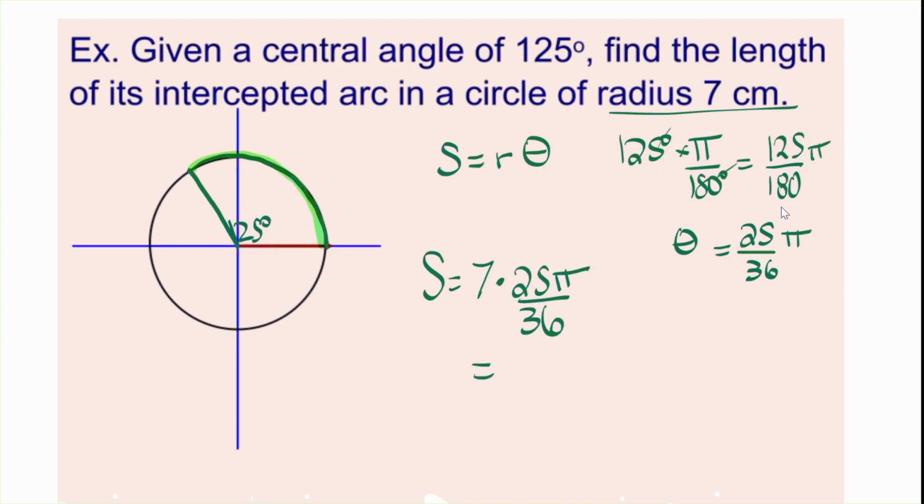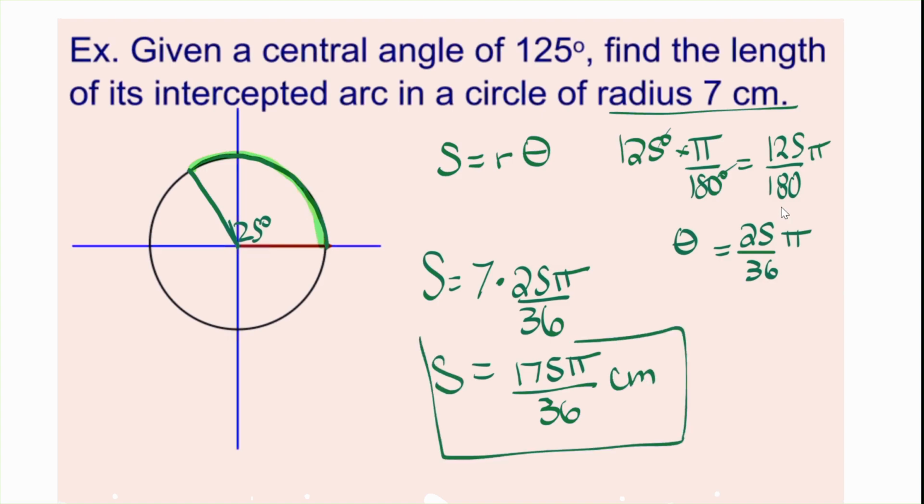Now, if I am doing this for real life, like maybe I'm designing a garden or I have some sort of round feature in my house, I would just use approximately 3.14 for pi and do that particular multiplication. If it's pure math, I can just leave it with the pi in it. So I get 175 pi over 36 centimeters, and that is the length of our arc.